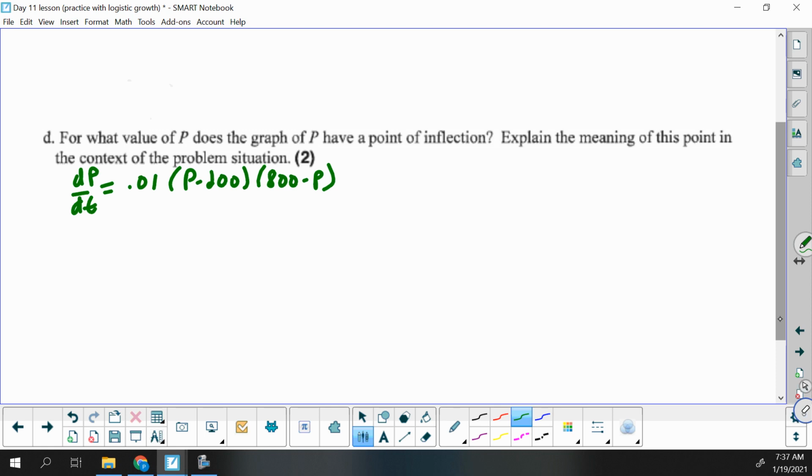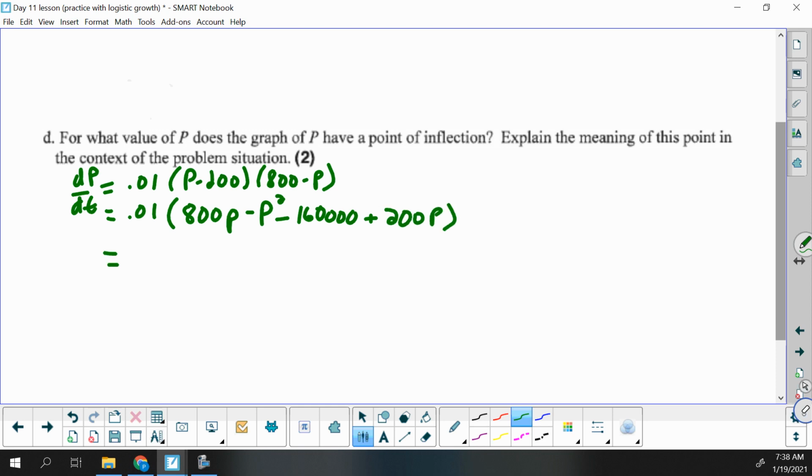But before doing that, let's multiply this out a bit. So this would be 0.01 times 800p minus p squared minus 160,000 plus 200p.